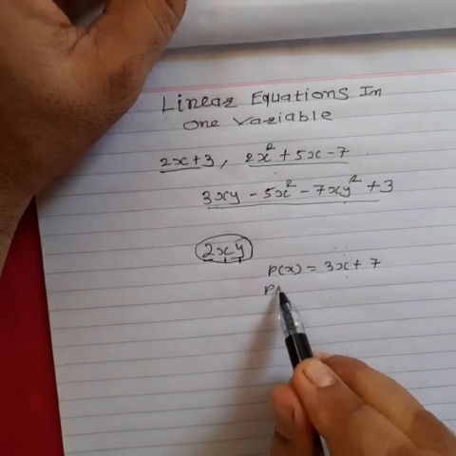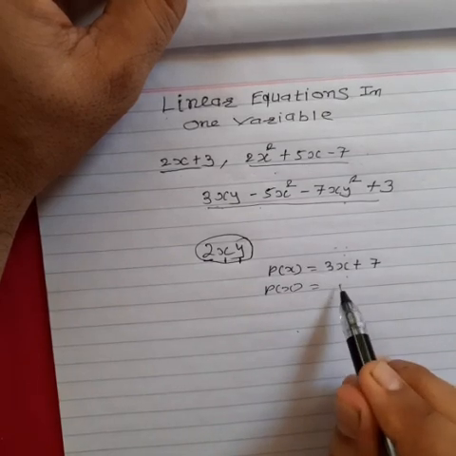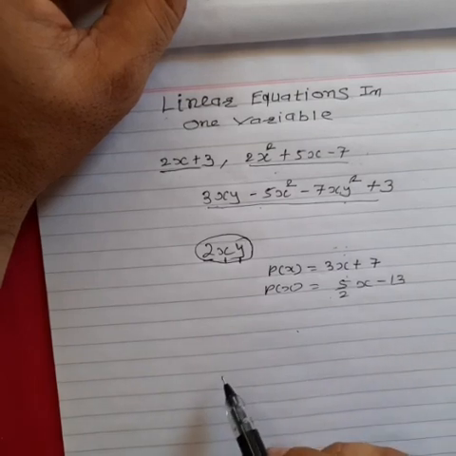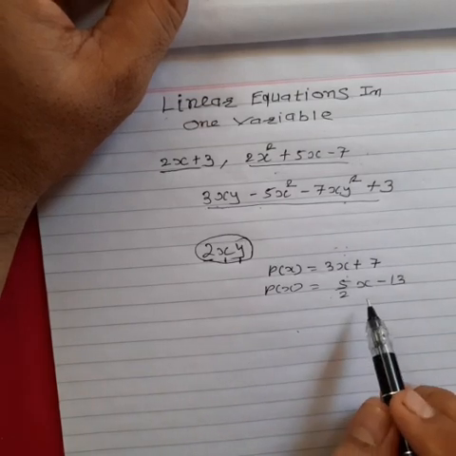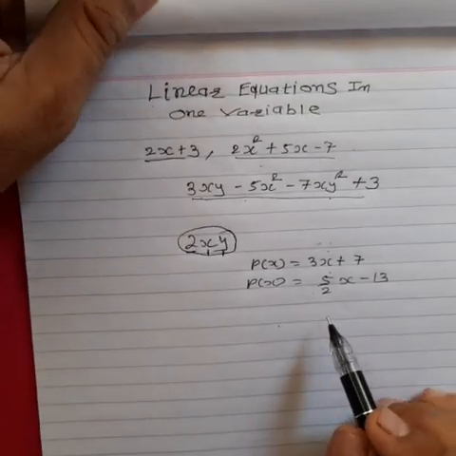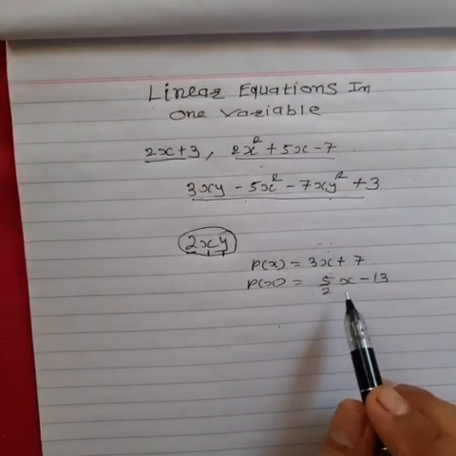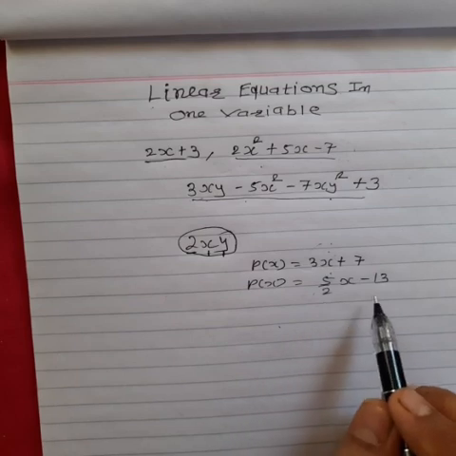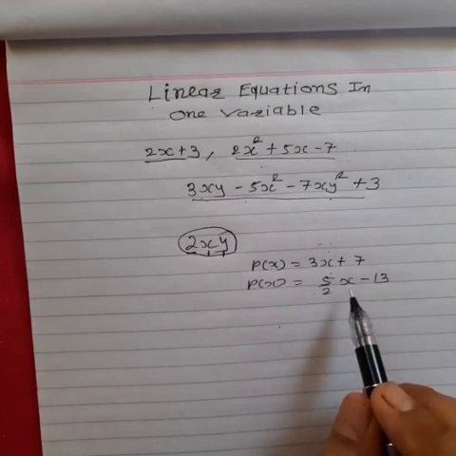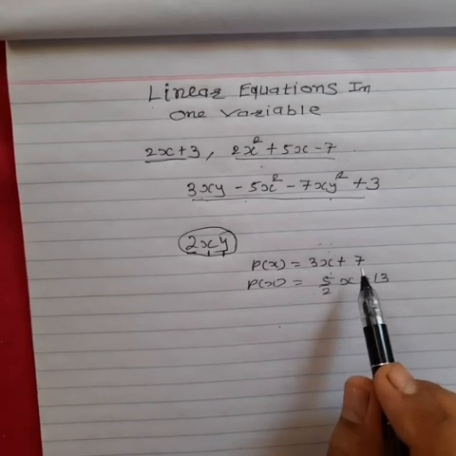See one more example. 5 by 2x minus 13. So that is also an algebraic expression. It has two terms, and the variable x has degree 1.